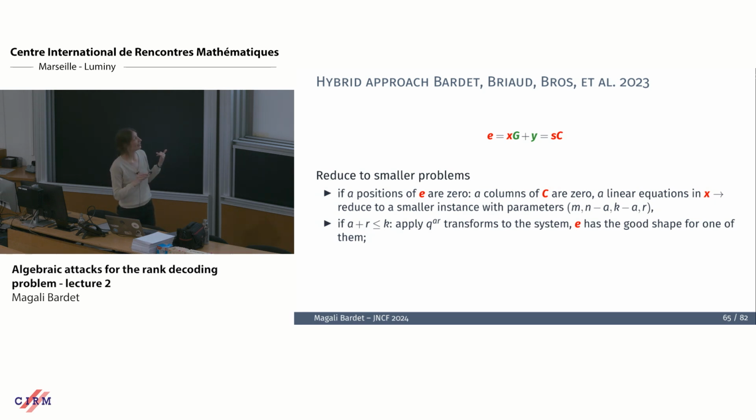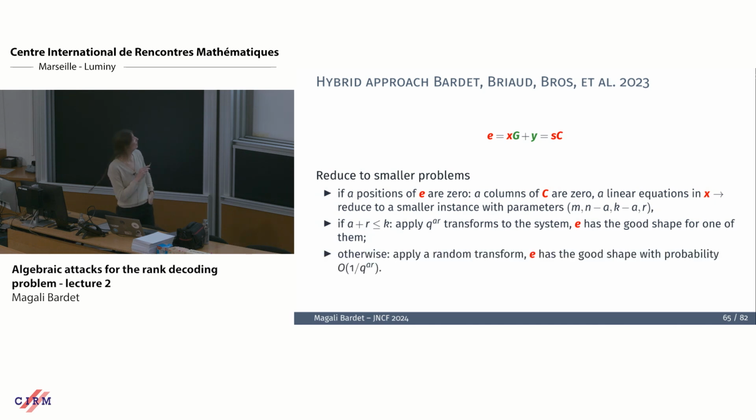And so your hypothesis that the positions are 0 is wrong, and when you solve the system, you have no solution. But you can reduce to q to the a r different systems, and among all of them, one has a solution and all the others have no solution.